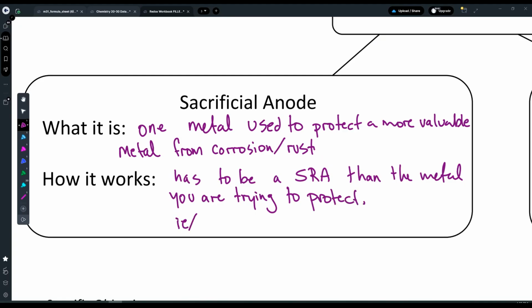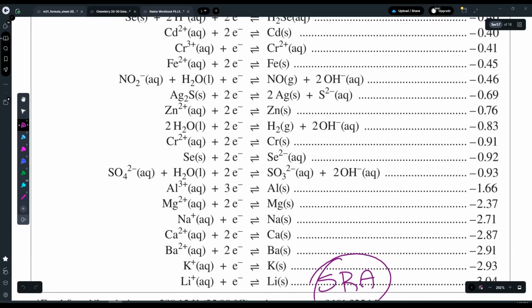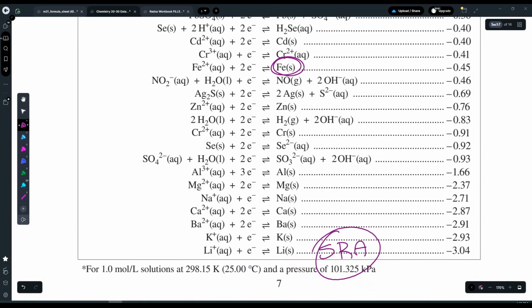So, for example, if you have an iron pipe that you're trying to protect, so if we look, we find iron solid right here. Then if we're trying to use a stronger reducing agent to act as a sacrificial anode, then we have to choose some other metal below iron.